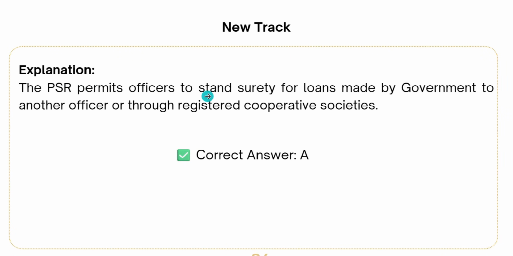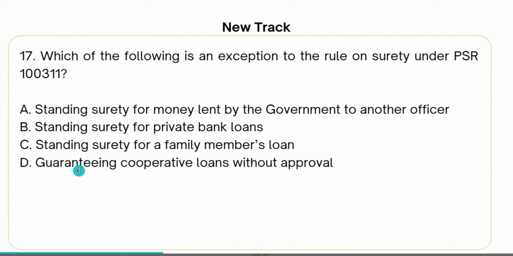The answer and the option, does it rhyme? Let's look at this. Okay, guaranteeing cooperative loan without approval. The right option should be option A.